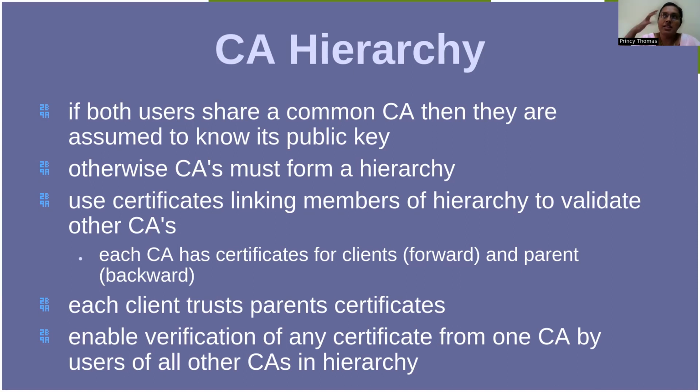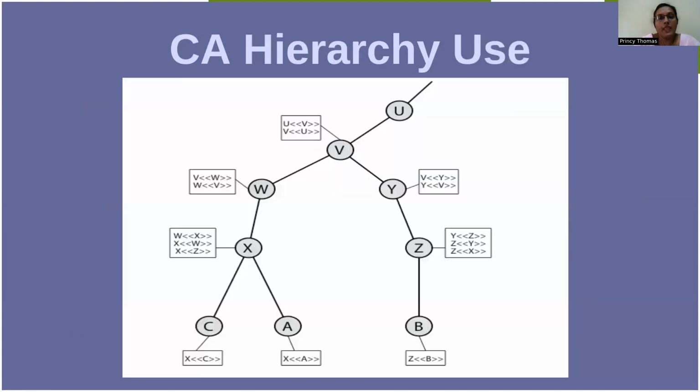And the client has got a parent, and that parent CA or another parent who has got access to the CA is trusted by those below in the hierarchy. Okay, so this is the diagrammatic representation of what we just said. Any of these can be certificate authorities or parents.